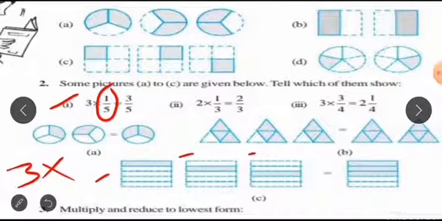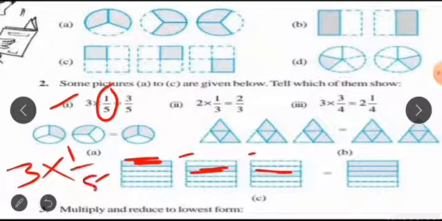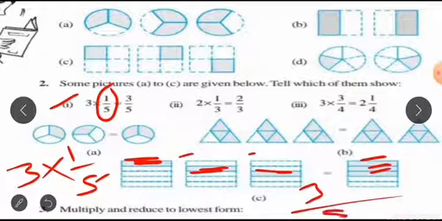So in each picture you can see that the shaded portion is 1 and total portions are 5. So you can write 1/5, and you will get shaded portions 1, 2, 3 and total portions 5. So again you will get the answer.